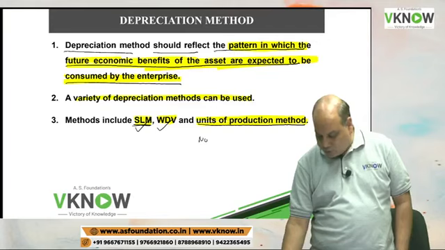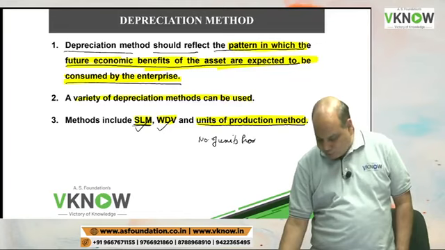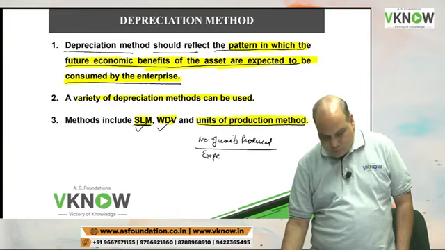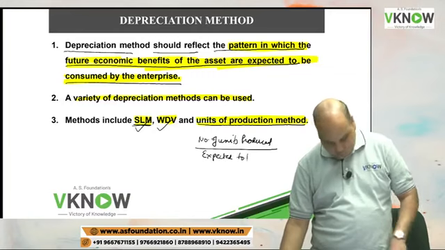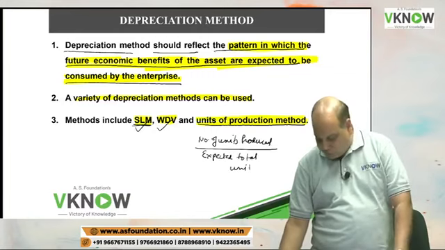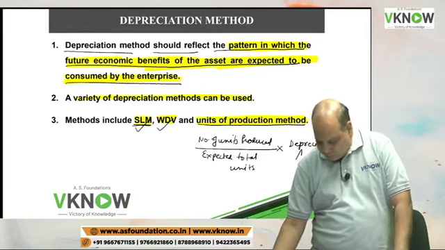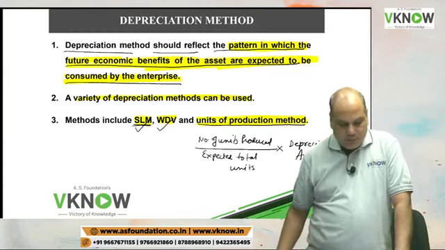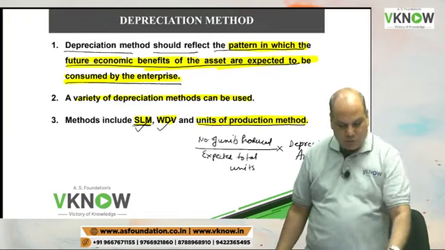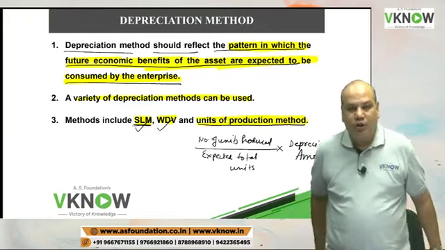Unit of production means number of units produced divided by expected total units, into depreciable amount. Proportionately. The answer is proportionately.